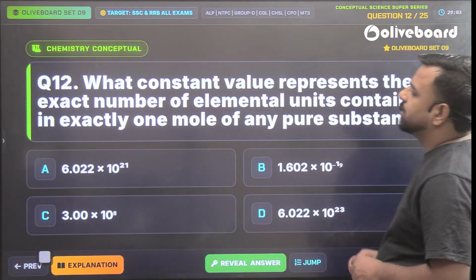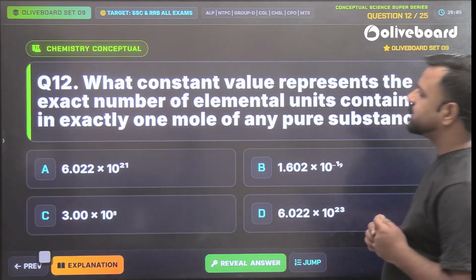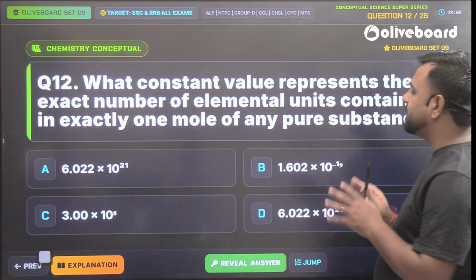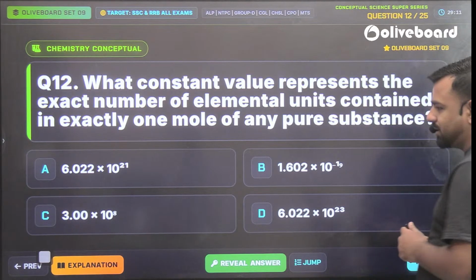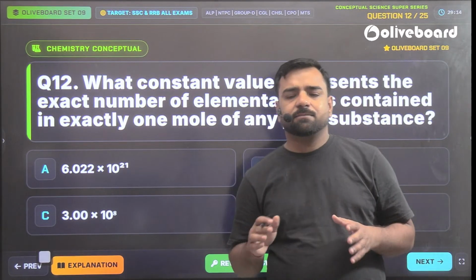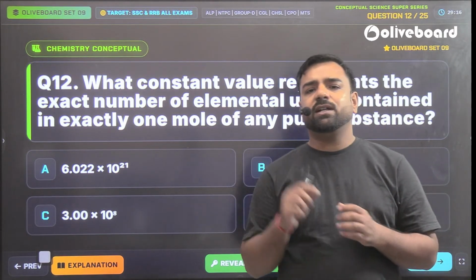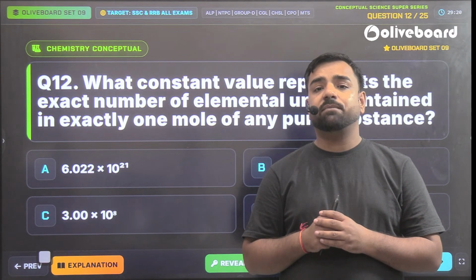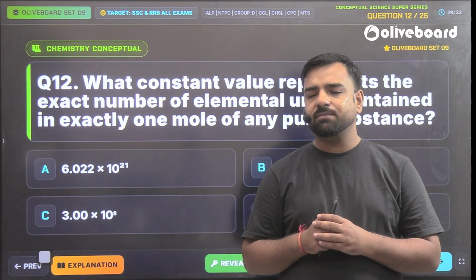Next. What constant value represents the exact number of elemental units contained in exactly 1 mole of any pure substance? So in physics, there are 7 fundamental quantities, right? Out of those 7 fundamental quantities, one is amount of substance. What is the unit for the same? That is 1 mole.